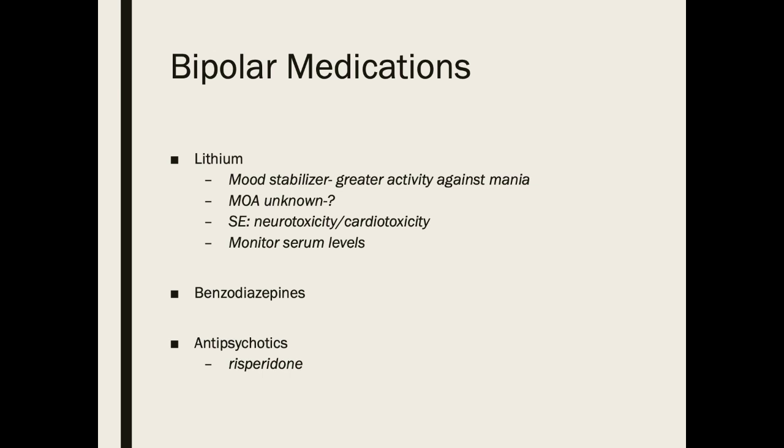The issue with lithium, though, is that it has a very narrow therapeutic range, therapeutic index, so it's very easy to either underdose and not get the desired effects of the medication, or, more risky, to overdose. It's very easy to overdose even accidentally and go above that therapeutic range. And when we overdose, lithium has a lot of cardiotoxicity to it. So it's easy to throw the patient into cardiac arrhythmias and eventually cardiac arrest.